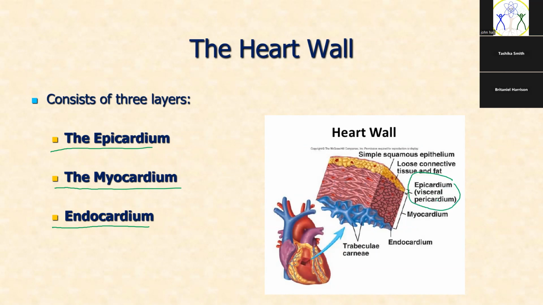So the epicardium sits directly on the heart. That's the visceral part of the pericardium. Then below that, you have the muscular layer. That's the myocardium. That's the pumping part. And then inside the heart itself now, touching the blood, you have the endocardium. And this is made up of simple squamous epithelial cells, right? All of this is still AMP1 stuff, right?